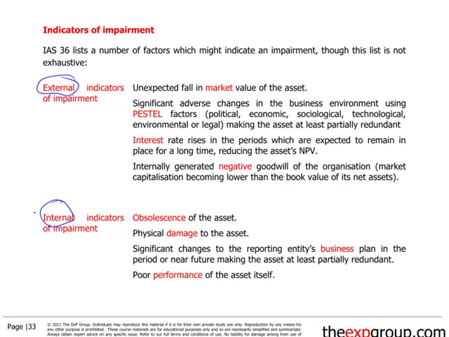And of course any physical damage, or if the assets are underperforming, these would be other subsequent indicators of potential impairment. So in real life, let's say you identify there are some signs, some indicators that your non-current asset could suffer a decrease in value.